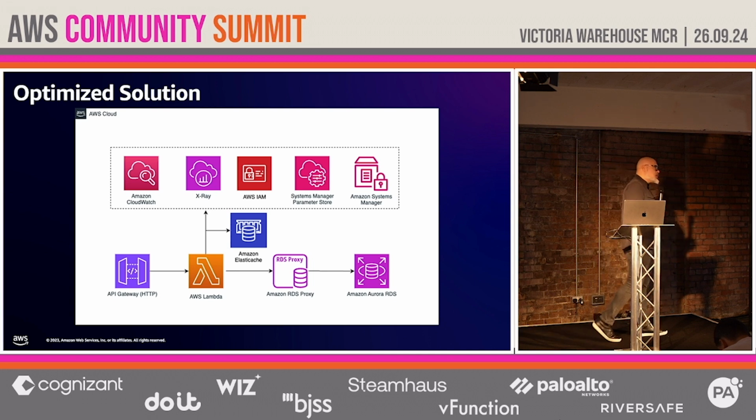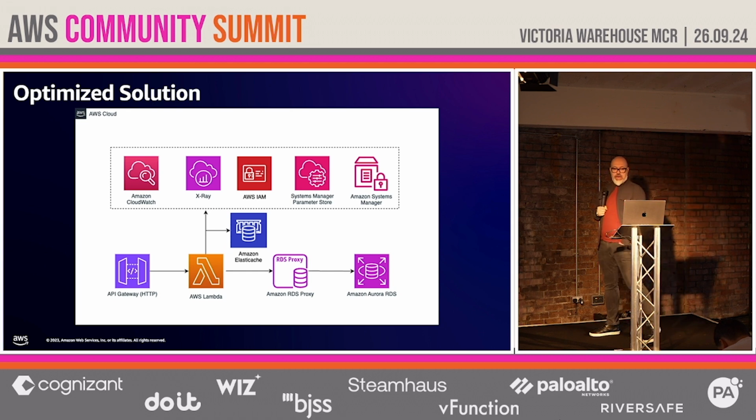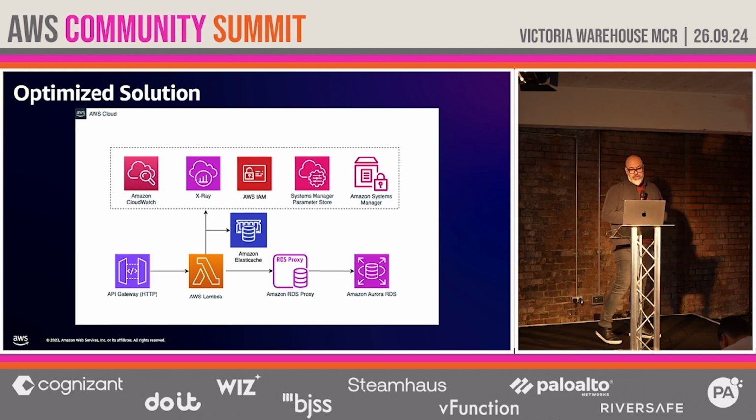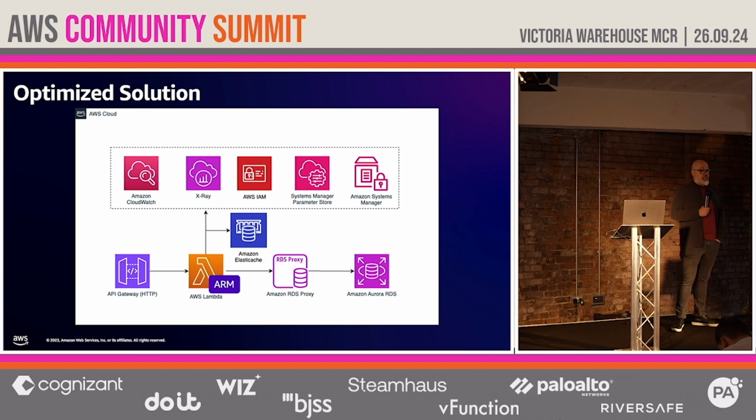Or I can share the cache. Therefore, I started to add Elastic Cache in the mix. Elastic Cache is literally just Redis, where I implemented a cache-aside pattern that is very easy to implement. I said, okay, that's not a bad idea at all. The other thing I thought is, ARM is another type of architecture you can have with Lambda.